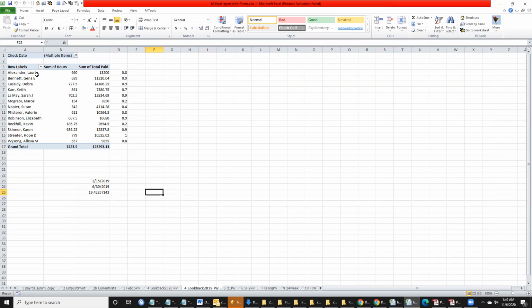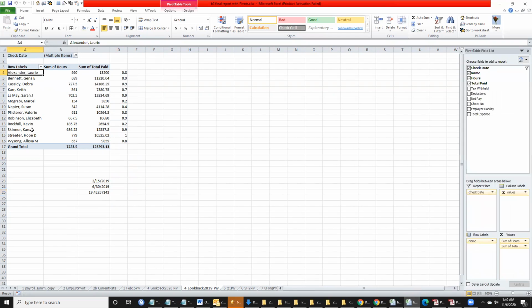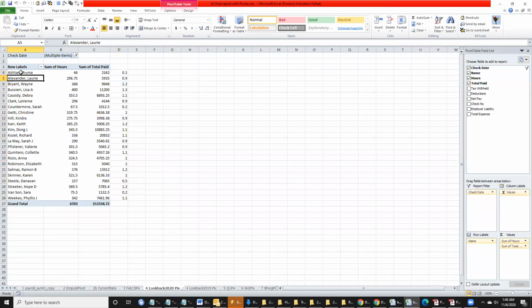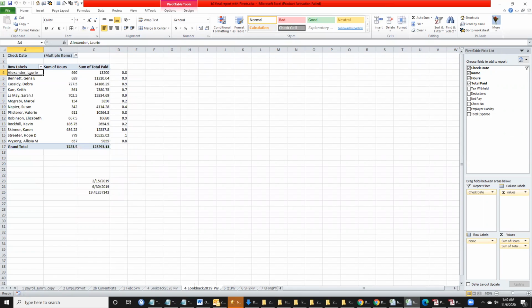If you notice the employee count, the number of employees keeps changing because in 2019 there were a different number of people. Some, maybe like Laurie Alexander, was there in 2019 and is there in 2020, which is okay. But this other person, Shuma Akhtar, is not there in 2019.